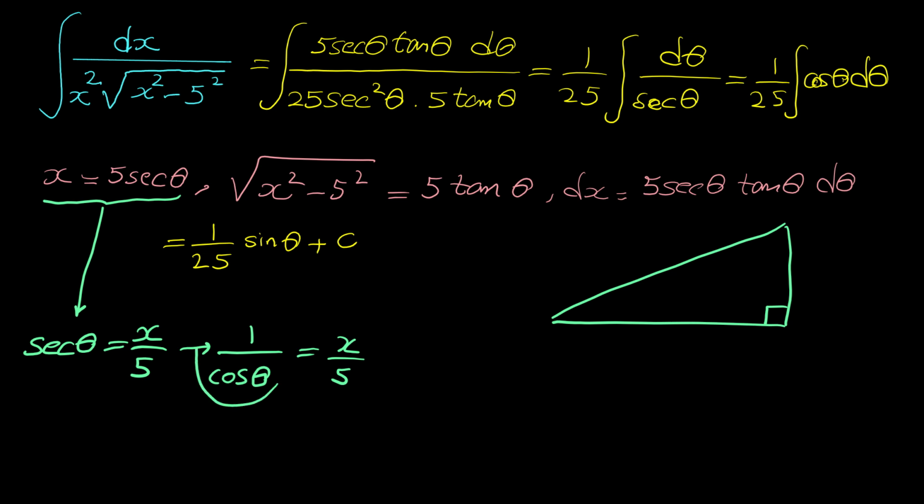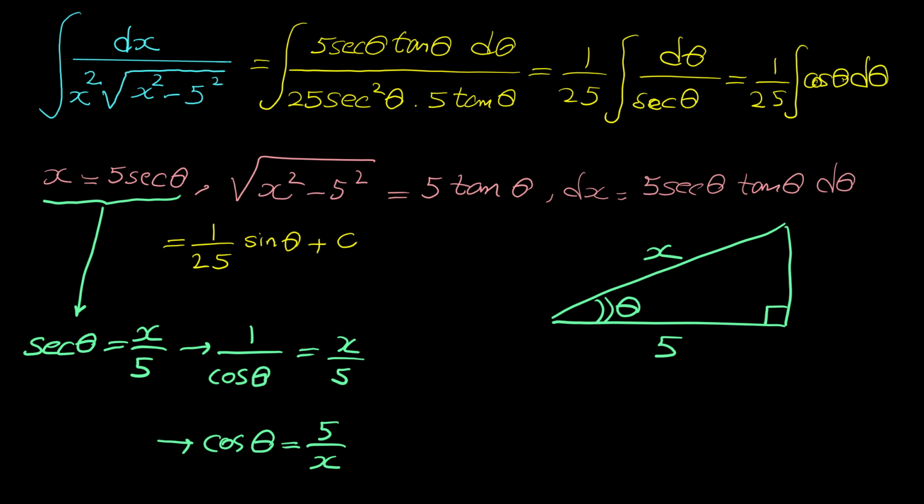If we flip both sides of this relation, moving cosine to the top and 1 to the bottom, we get cosine theta is 5 over x. So in this right triangle, if we suppose here theta, cosine is adjacent over hypotenuse, so 5 over x.